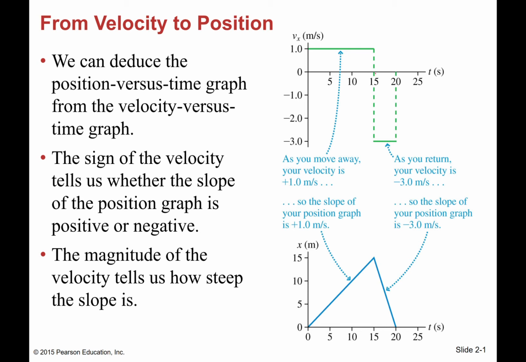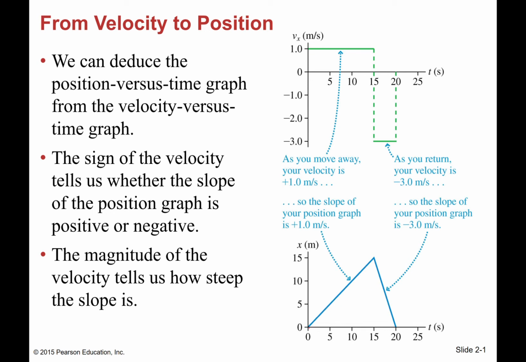Then from 15 seconds to 20 seconds, this is a negative slope. Also, this is 1, this is 3, so this slope is going to be steeper than this. So you can see it has some inclination here, but this is steeper, right? And this is your position versus time graph.